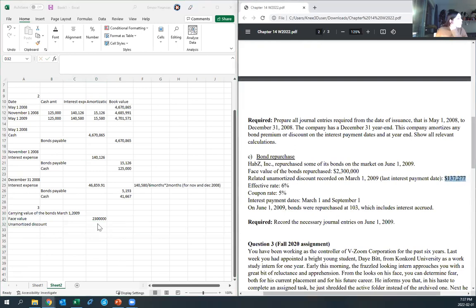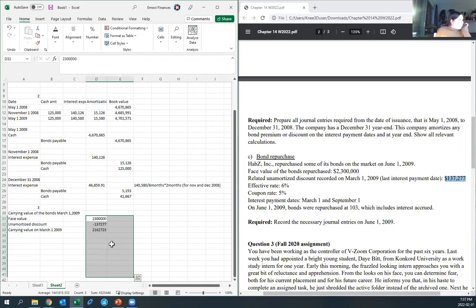Since it's a discount, your issue price is lower than your face value, so I'm going to remove it from the 2.3 million. So I'm going to do minus 137,277. And that gives me a carrying value on March 1st of 2.1 million approximately.